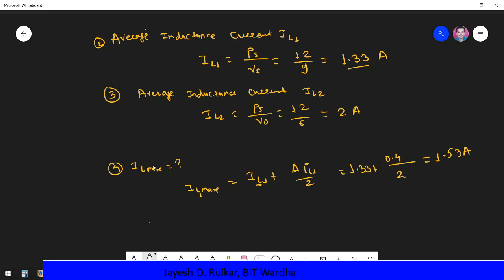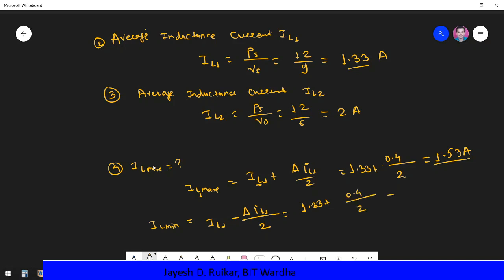And then we'll find out IL minimum. The maximum we have found out, that is 1.53 ampere. IL minimum can be calculated as IL1 minus delta IL1 divided by 2, and this IL1 value we have is 1.33, and the change in the current is 0.4, divided by 2.